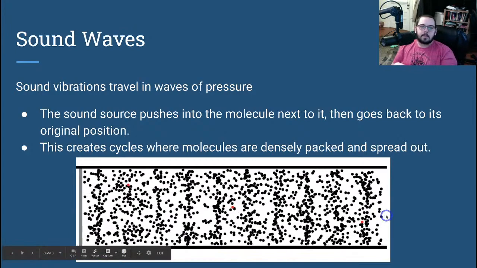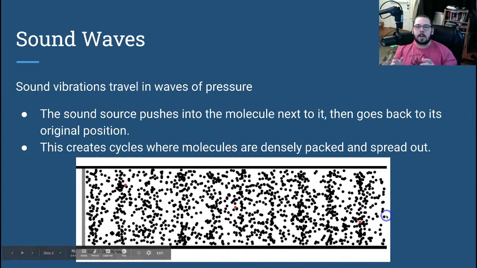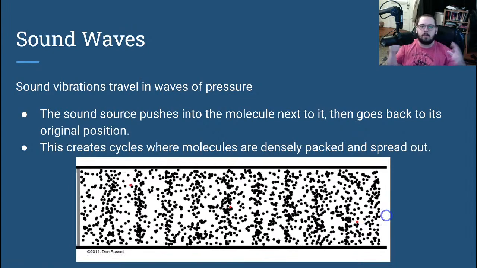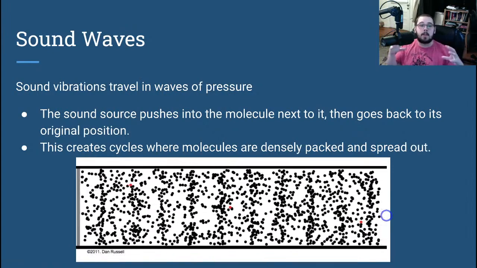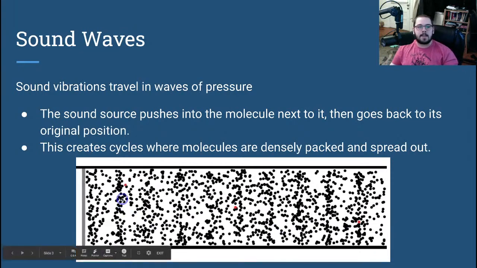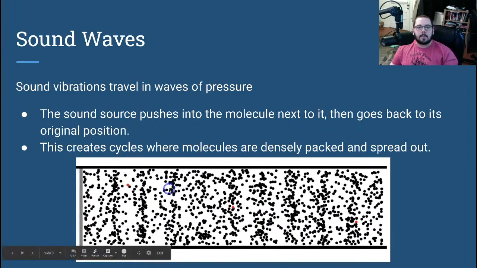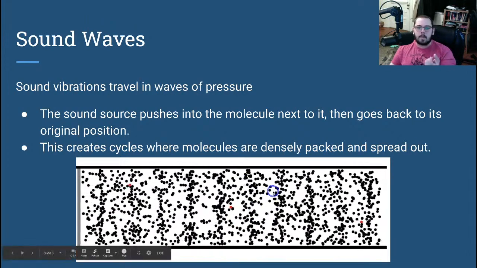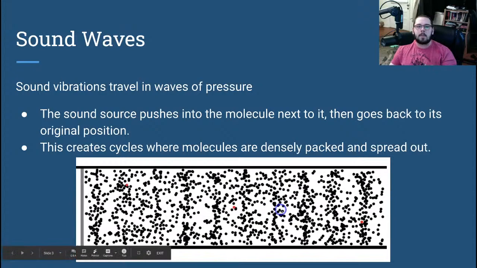This causes cycles of very densely packed molecules and troughs of not densely packed molecules. You can see these lines of thick, where there's a lot of molecules, then there's not a lot in between them.